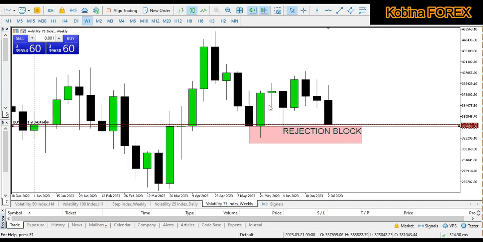Without that, price can descend and come down into this level, take down the low here, and even come down further, take down the low here. If the rejection block is still valid, it won't come and sweep the low here. So you have to wait to see that price is actually showing a sign of a reversal. Then you execute your trade.